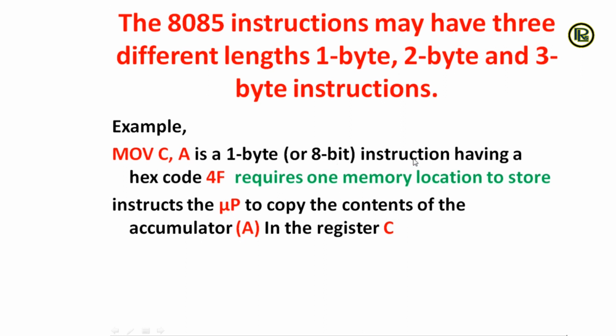This is 1 byte or 8-bit instruction having a hex code 4F, and this instruction is given to instruct the microprocessor to copy the contents of the accumulator A in the register C. And this 1 byte or 8-bit instruction requires only one memory location to store the data.